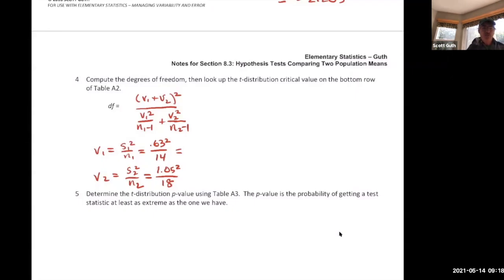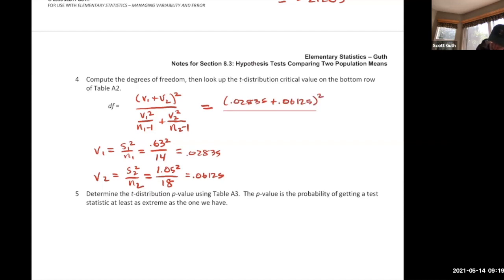Okay, so the V1, hang on, I'm gonna go back, look at Desmos here. So V1 was 0.02835. V2, 0.06125. Okay, and then DF, so here goes: 0.02835 plus 0.06125, that's squared.